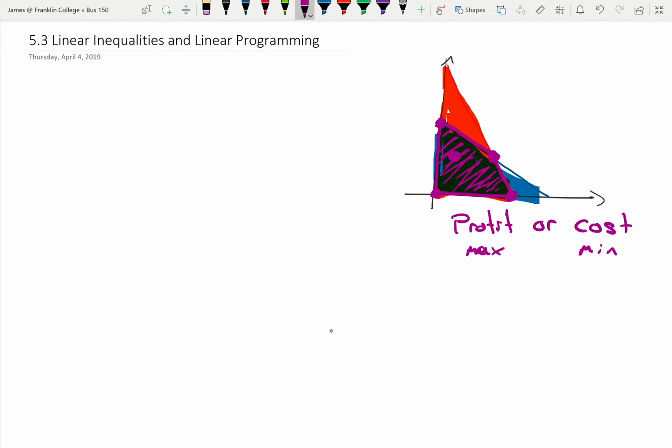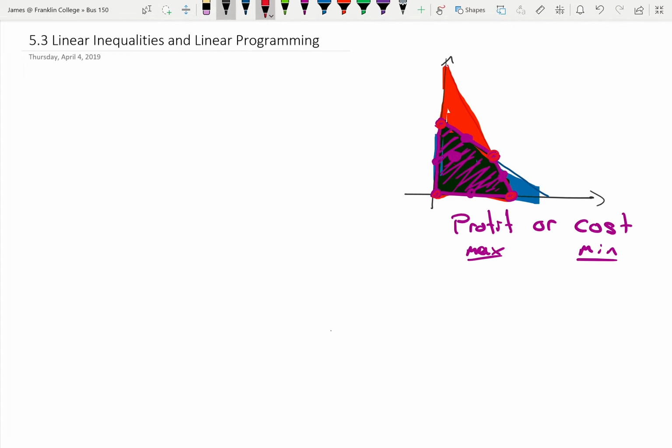Nor are we going to be interested in a point that is in the middle of one of these straight line regions. Any point that falls on the middle of one of these lines will not maximize our profits or minimize our costs. We're only going to be interested in these four corner solutions.